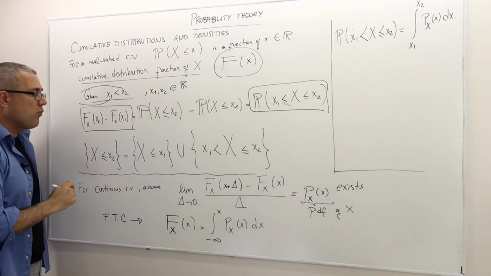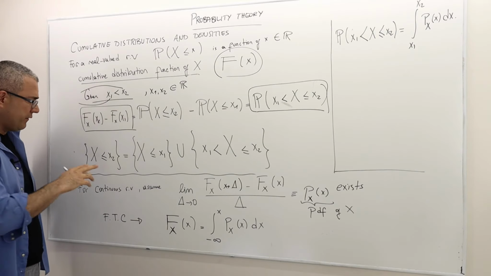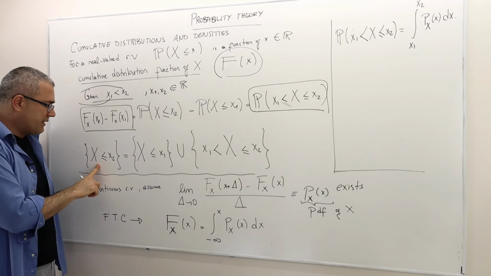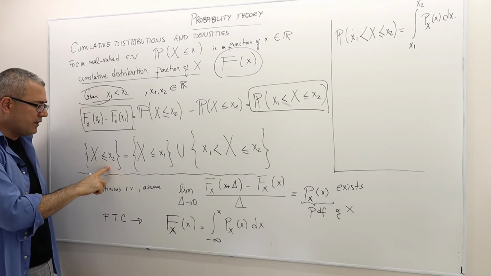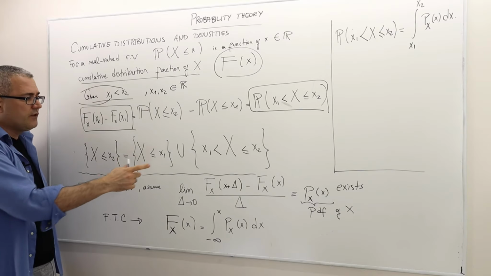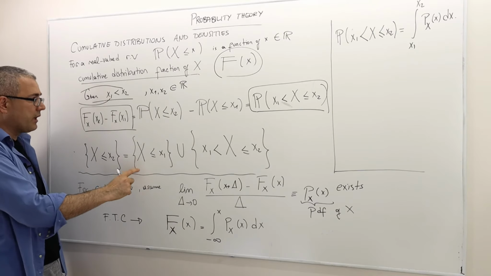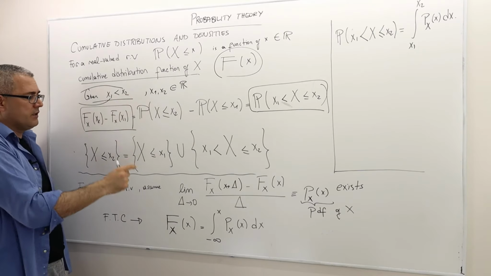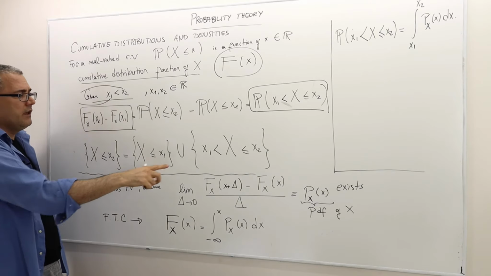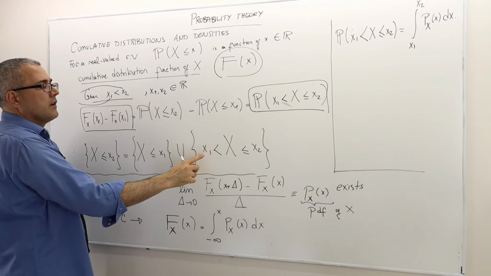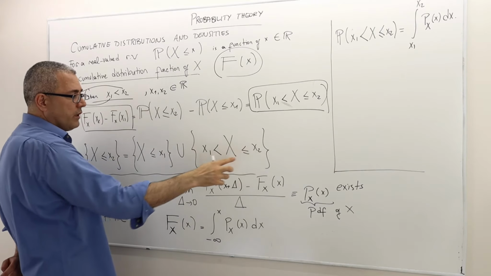Why is that? If you think carefully, the event that the random variable x is less than or equal to x2 can be written as two disjoint events, where, remember, x1 is less than x2: x is less than x1, union x is greater than x1 but less than or equal to x2.